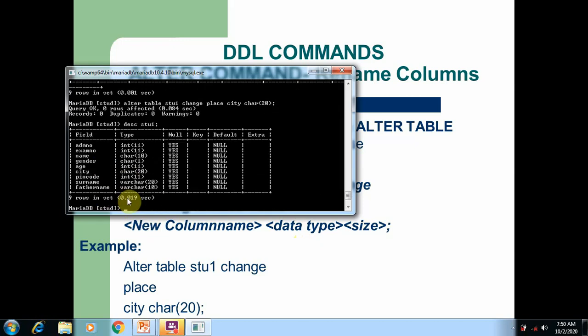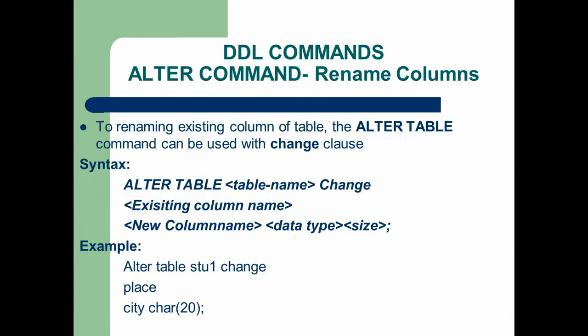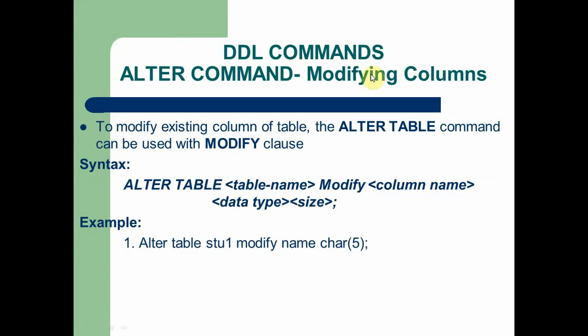Now you can see the place is changed into city. The name of the column place is changed into city. So it is working now. If you want, you can execute this command to change the existing column name. It is called renaming columns. Already we discussed modifying columns.